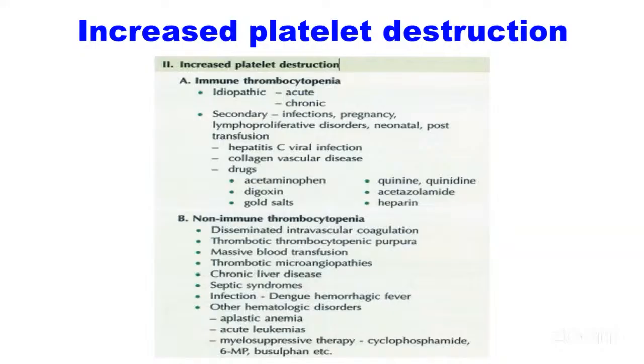Another is secondary, where the cause is identified, like infections, pregnancy, lymphoproliferative disorders, post-transfusion, viral infections like B, C, collagen vascular disease. There are some important drugs like heparin, gold salts, digoxin, which can cause immune thrombocytopenia. There is a good number of diseases that lead to non-immune thrombocytopenia. It's not in my purview of discussion today.